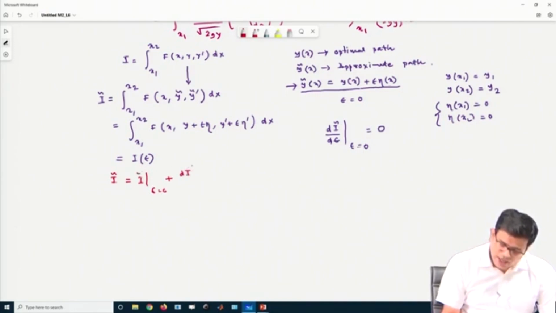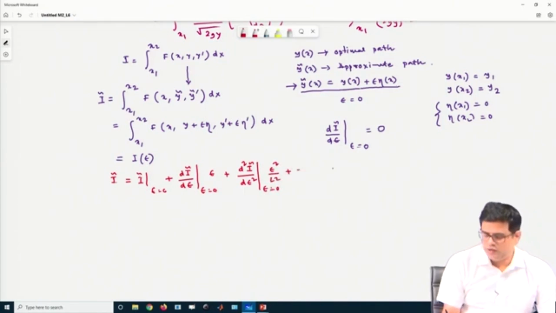So I tilde at epsilon equal to 0, plus d I tilde by d epsilon at epsilon equal to 0 into epsilon, plus d2 I tilde by d epsilon 2 at epsilon equal to 0 into epsilon square by factorial 2, and so on, the other higher order terms.